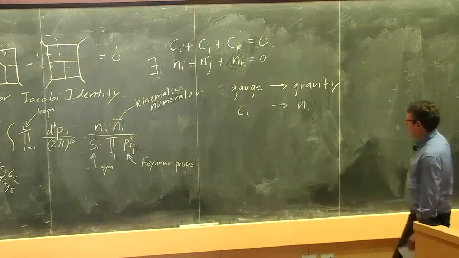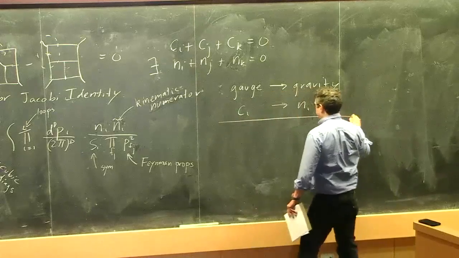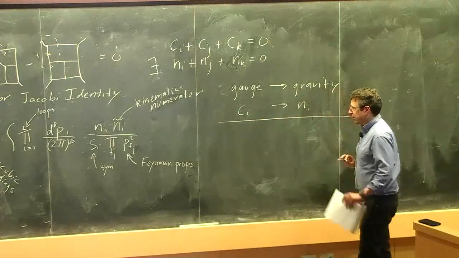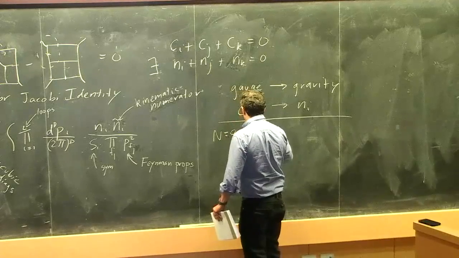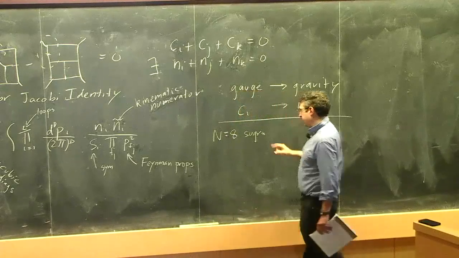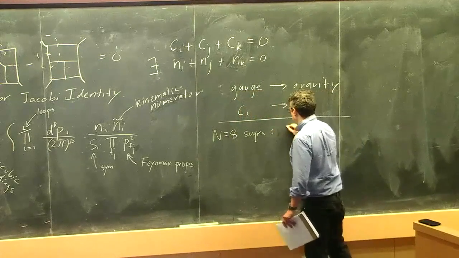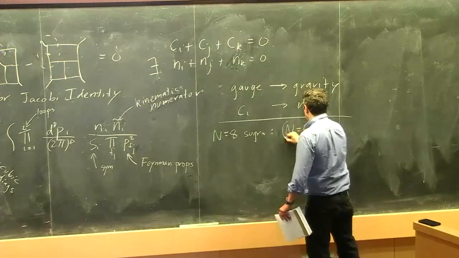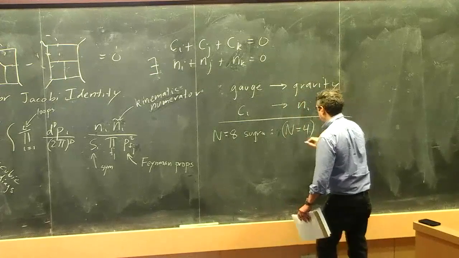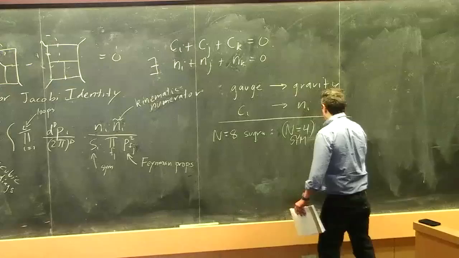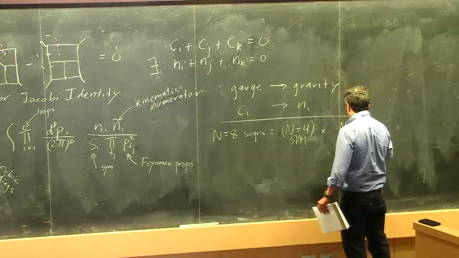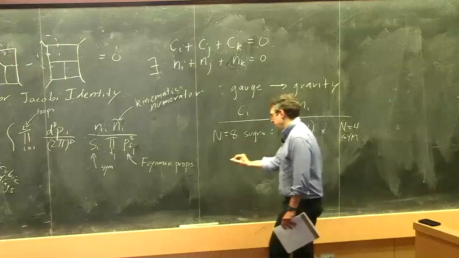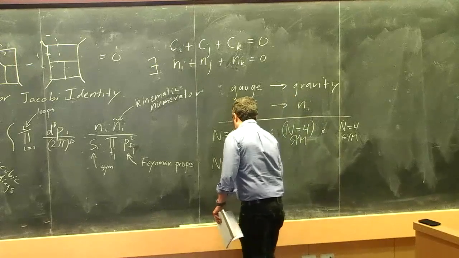Okay. And in fact, what we're going to do, we're going to just look at some simple cases, like if I want N=8 supergravity. I'm not going to really talk much about this theory, but the way we get it is we take N=4 super Yang-Mills times N=4 super Yang-Mills. Okay. Now, I will talk about N=4 supergravity.